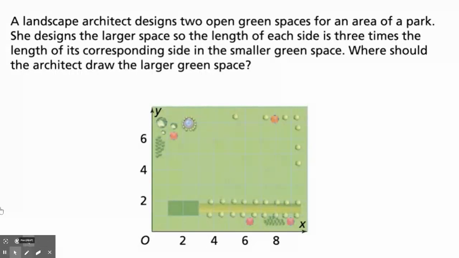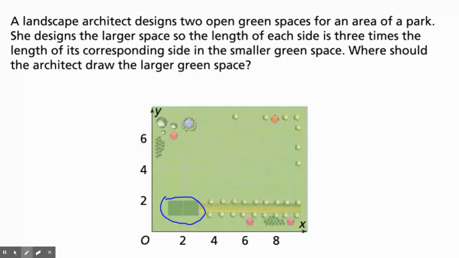Okay, so we are going to look at this smaller space here first. Now, what we have to do is redesign this space so that each side is 3 times the length of the corresponding side on the smaller piece.